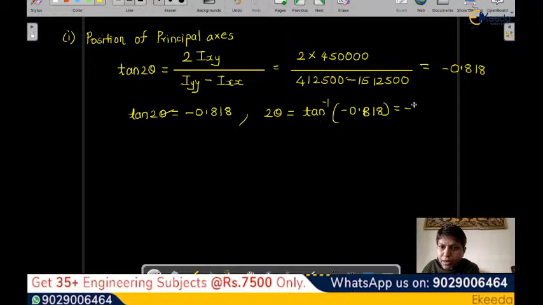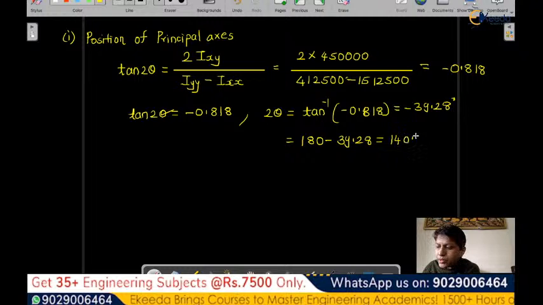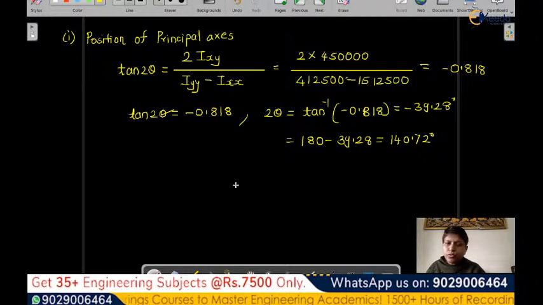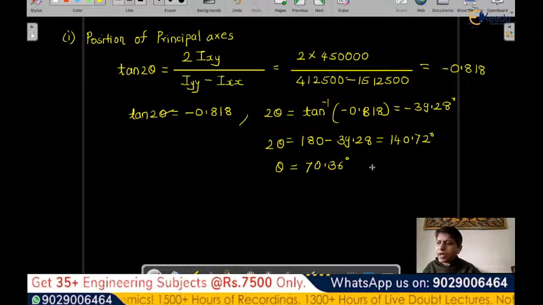This will give us minus 39.28 degree. Minus means do it as 180 minus 39.28. So the actual angle is 140.72. So this is 2 theta, right? So theta will be half of it. So it is 70.36 degree. So this is our answer.